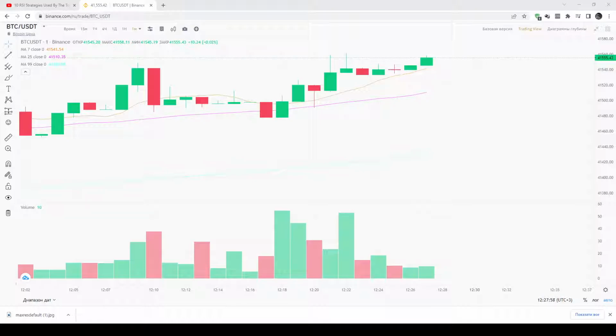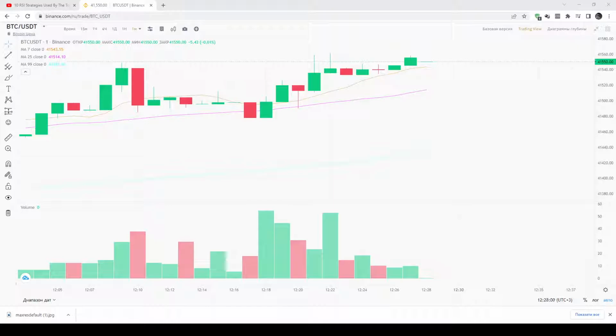Remember that hidden bullish RSI divergence only happens in the uptrend and the trend should continue to the upside, whereas hidden bearish RSI divergence only happens in the downtrend and the trend should continue to the downside.